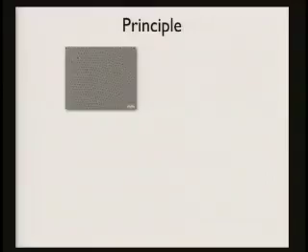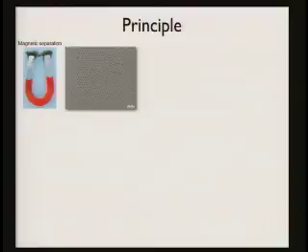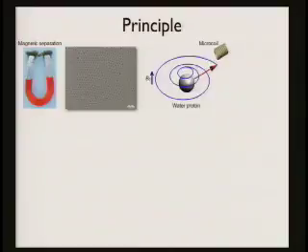So how does this work? Again, the principle is based on magnetic nanoparticles, but unlike the magnetic nanoparticles that many of you use for cell separations, what we measure is a different effect. We actually measure the effect that magnetic nanoparticles have on surrounding water protons.